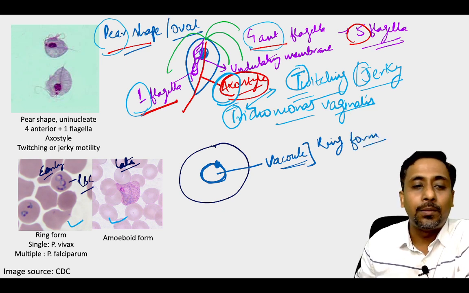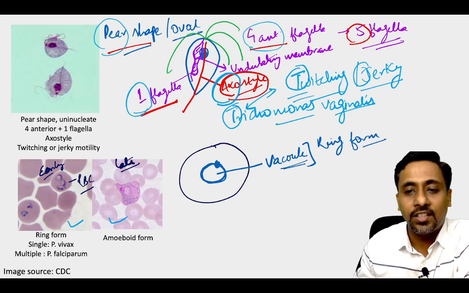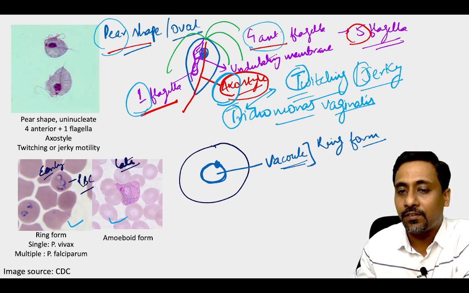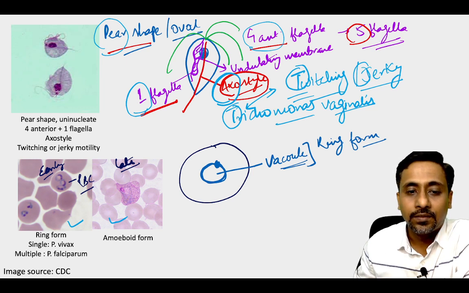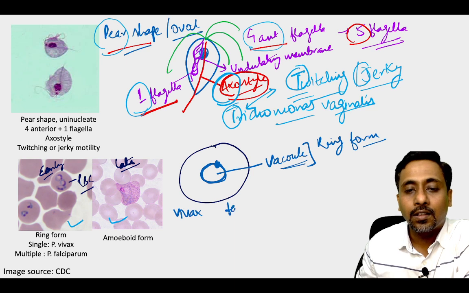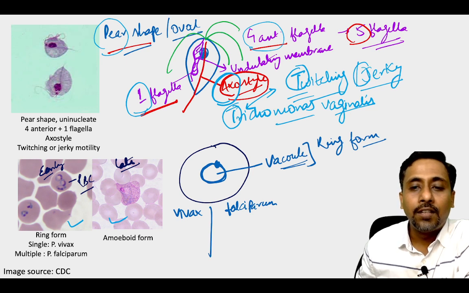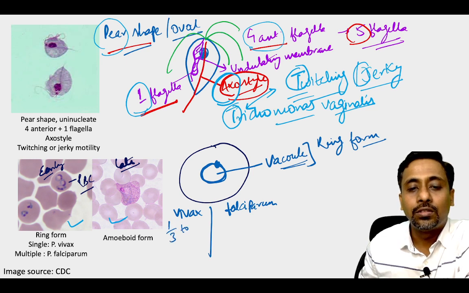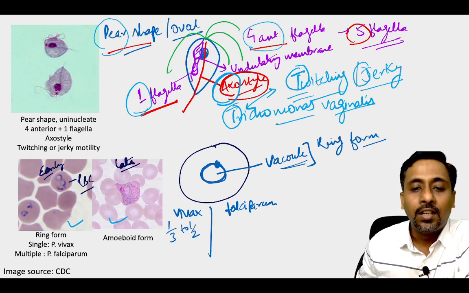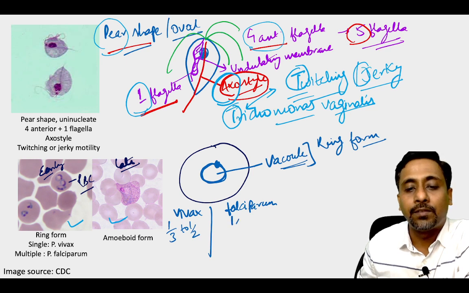And this ring form differs from species to species. So let me tell you a few differences between the species Vivax and Falciparum. In the ring form, first, in Vivax the size of the ring is approximately 1/3 to half of the size of the RBC, whereas in Falciparum it is about 1/5 of the size of the RBC.